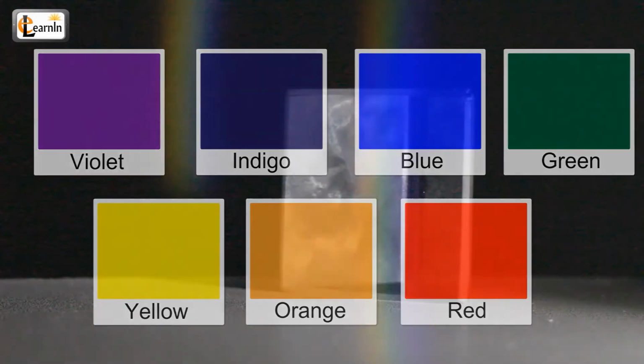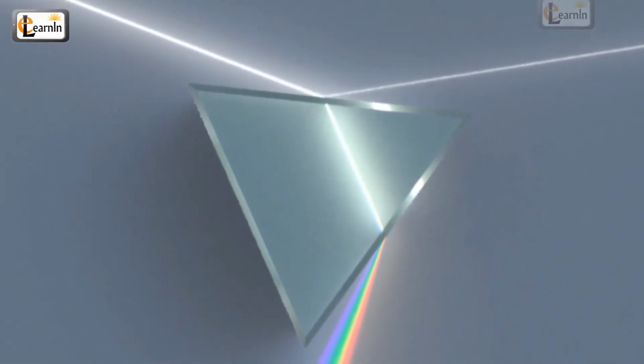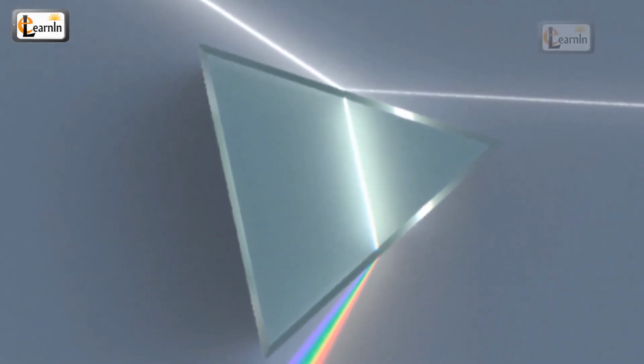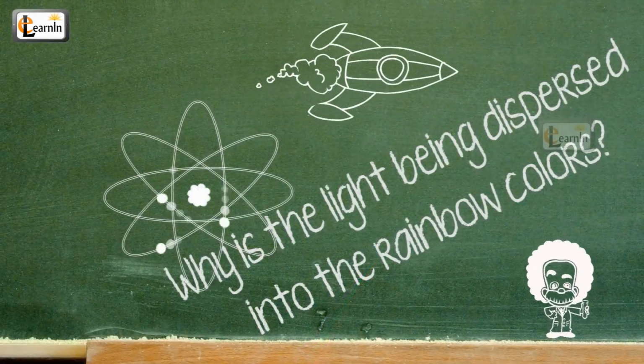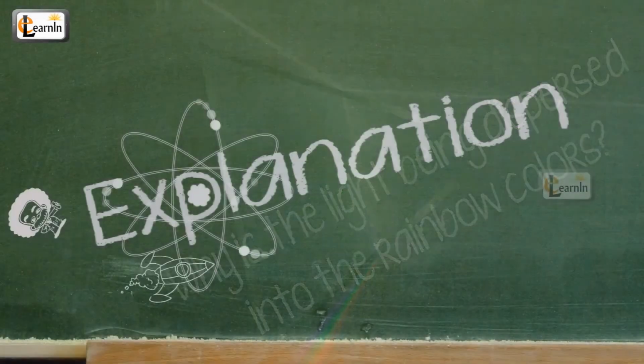They appear in the same order, just like in the rainbow. Observe the light ray carefully inside the prism. Notice that the light ray bends at 2 different points. One when the light is entering the prism, and another when it leaves the prism. The question is, why is the light being dispersed into the rainbow colors?